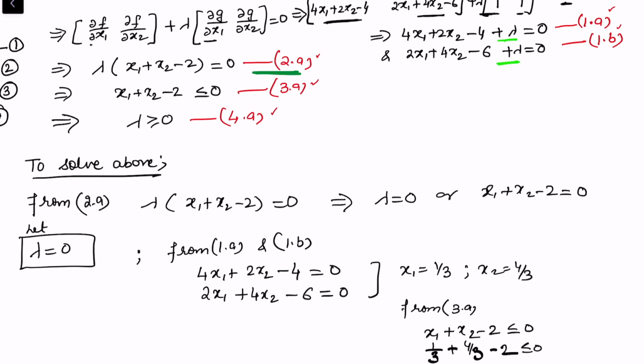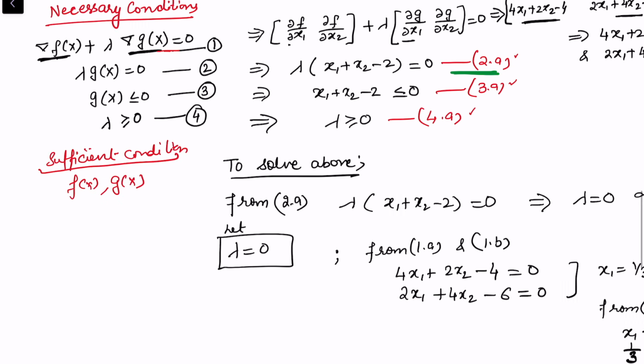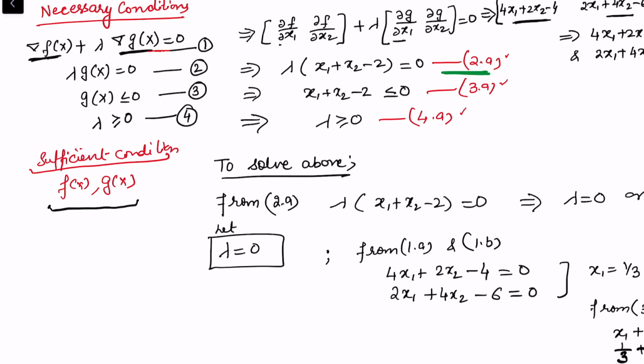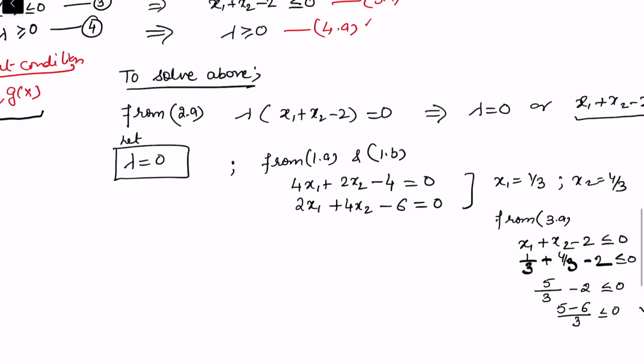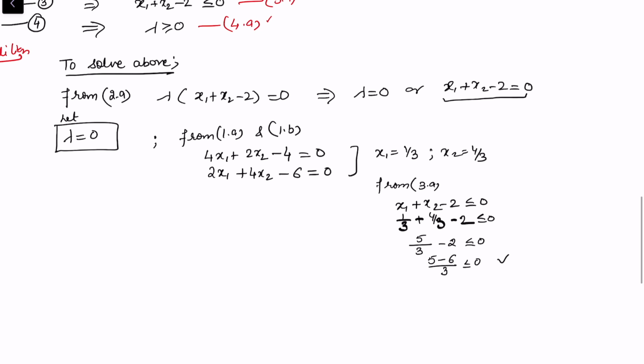So I do not need to move forward to the next case, keeping the sufficient condition in mind: if the functions were convex and the constraints were convex, or if my problem was a convex nonlinear programming problem, then the solution that we get, this point, will automatically become a global minima.